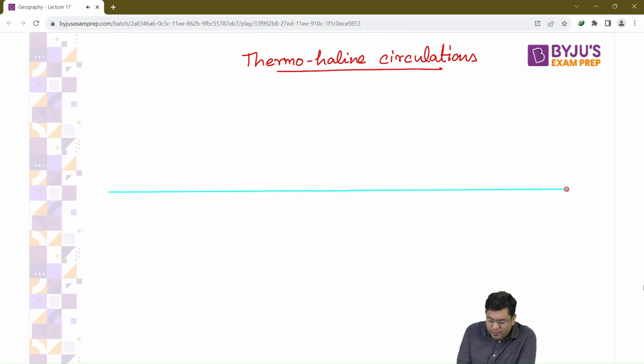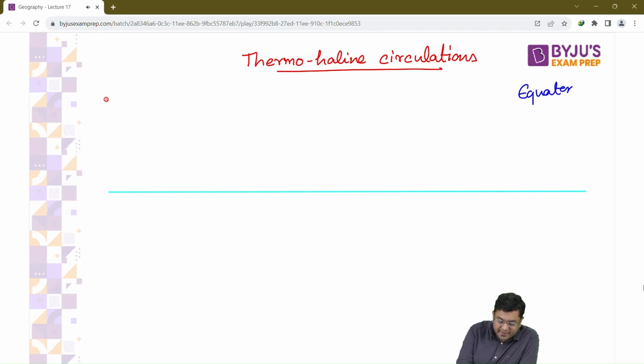Let's suppose this is your average sea level. I understand this won't be very significantly visible as of now, but please bear with me for a few moments. Now, let's suppose we consider this as the tropics or the equator, and let's consider this to be the polar region.